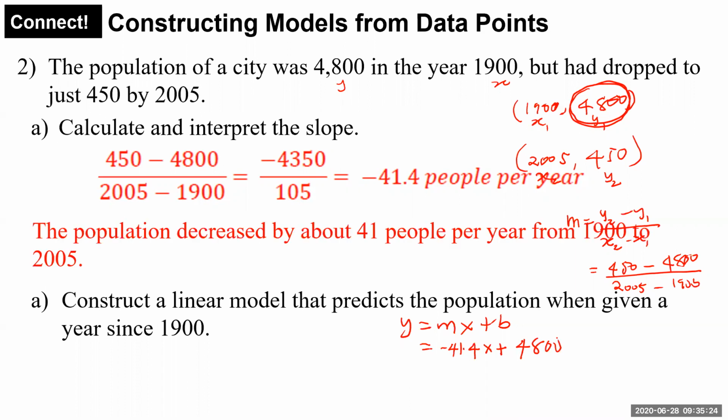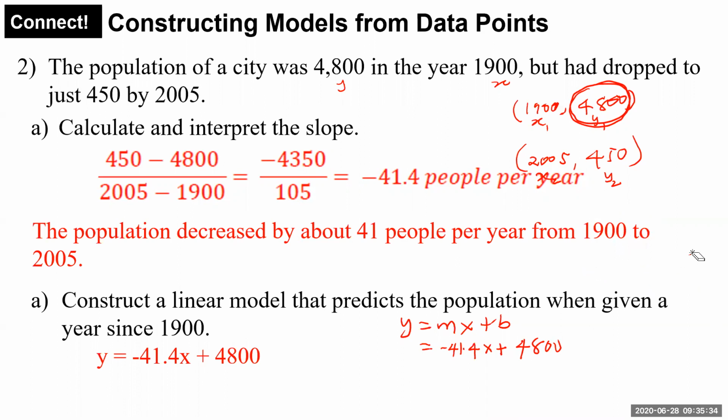Okay, and that is that. So this is the interpretation of your slope, basically. You say the population decreased by about 41 people per year from 1900 to 2005 because this value is a negative value. That's why there's a decrease. Is that okay? Nice.